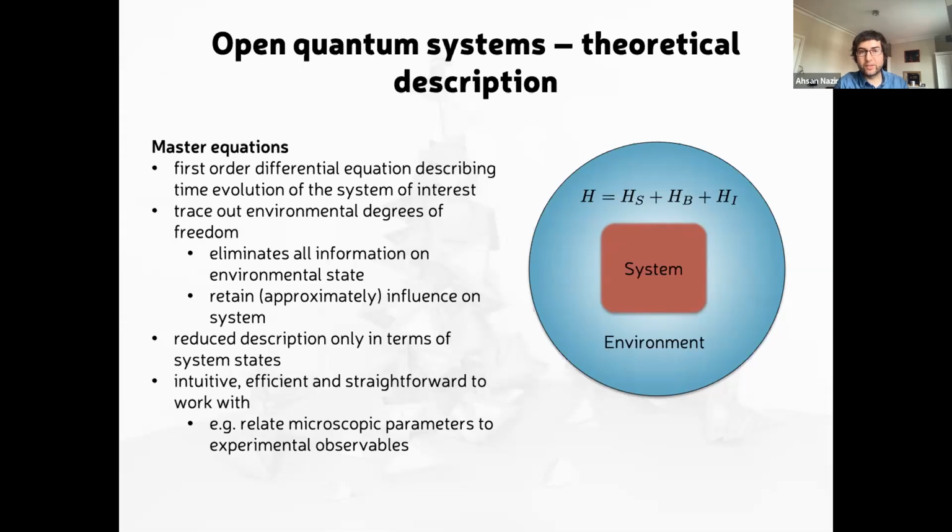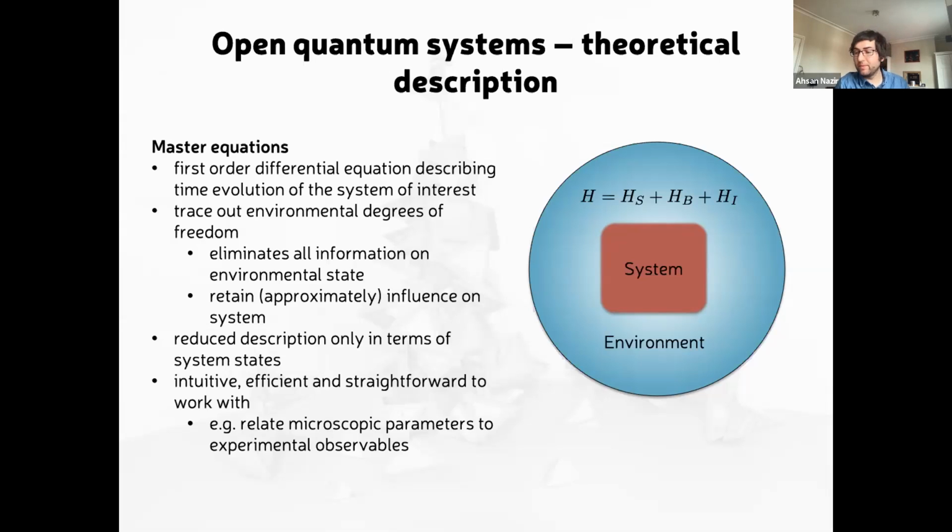Usually we only approximately retain the influence of the environment on the system. Generally, it's not possible to retain the full influence non-perturbatively except for some very simple solvable models.